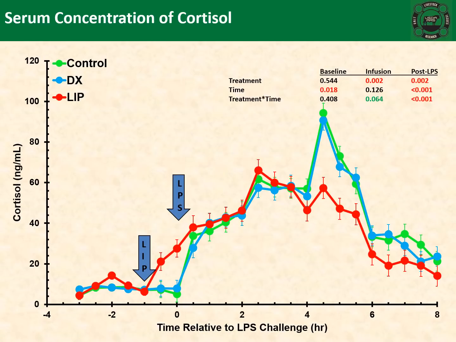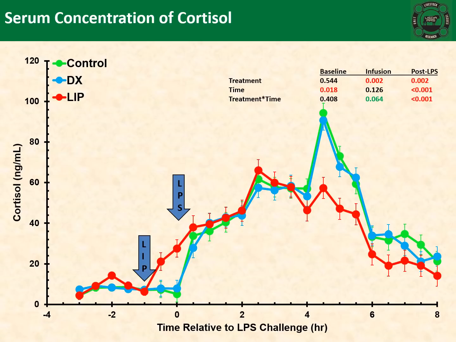In addition to the different fever responses noted in the calves, we also observed significant differences in several biomarkers associated with the stress and the innate immune responses. For example, this graph depicts the differential circulating cortisol responses that we observed.